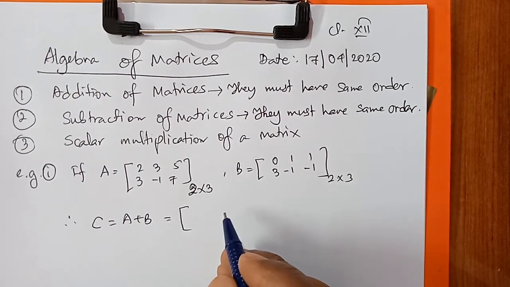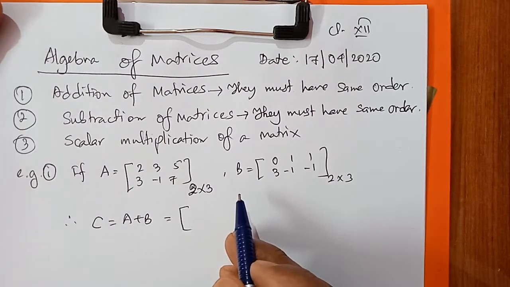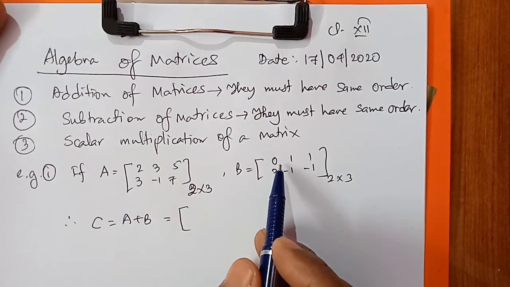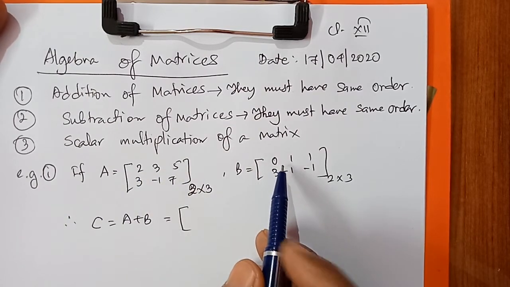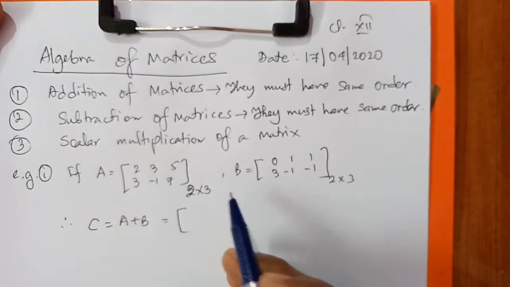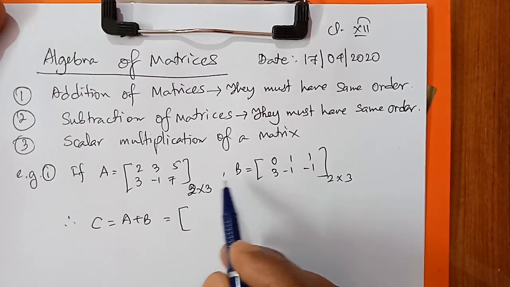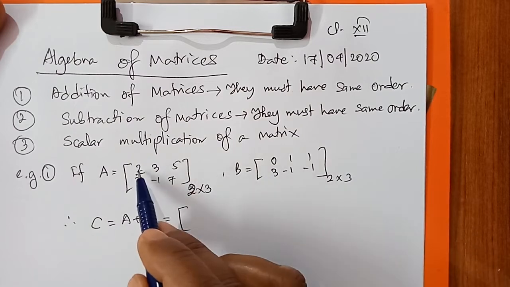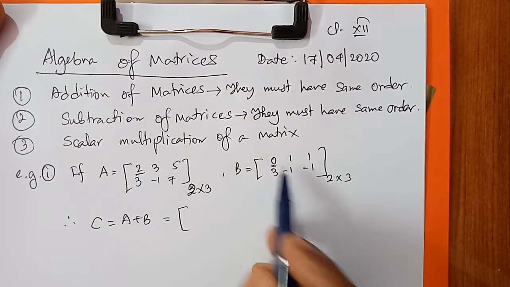Now, how to add two matrices or subtract two matrices? Corresponding elements you have to add, or in case of subtraction, you have to subtract the corresponding elements. So when you add the two matrices A and B, this is the first element, here also the first element is 0.